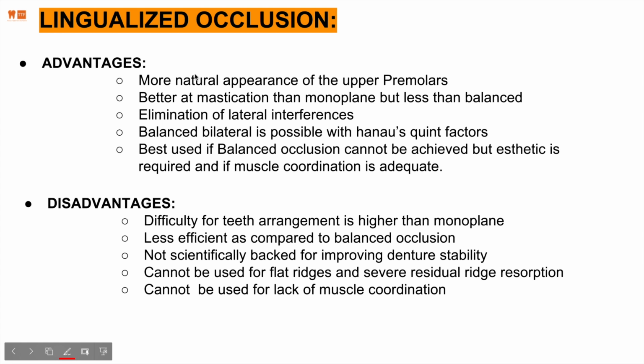What's the advantage? It's more natural appearing for the upper premolars, of course, because there's a cusp, right? Better at mastication than monoplane, but less than balanced occlusion. Balanced occlusion is still better. Elimination of lateral interferences because it's only the palatal cusp touching.